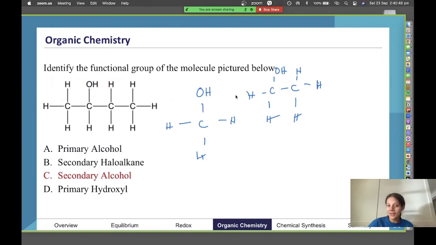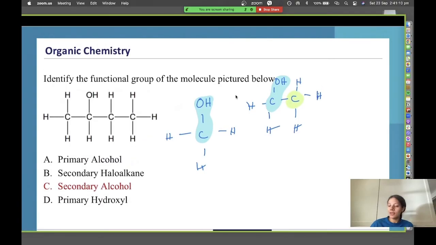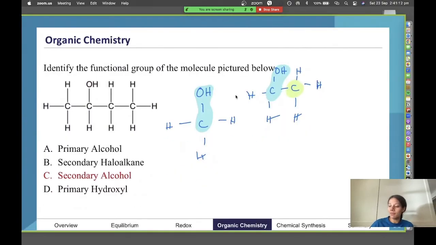The one on the right is our classic kind of primary alcohol, because we have 1 carbon coming off of the carbon the OH is attached to, whereas the one on the left, it's still also a primary alcohol. It's just a special case because it's technically got nothing attached to that carbon, but we still classify it as primary. So just wanted to clear that up while we're here.